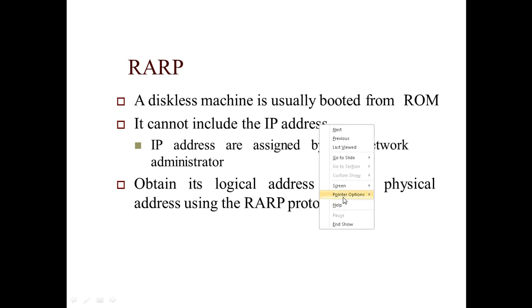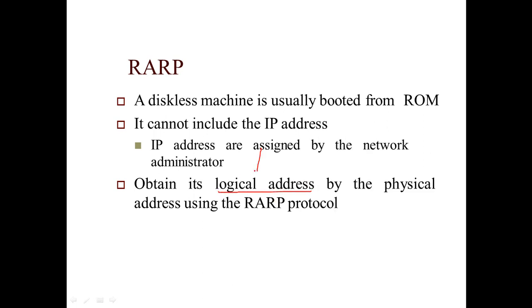It means that if you do not have a logical address, the IP, and you want to find the IP of a system given its physical address, the MAC address, you can find that by using the RARP protocol.